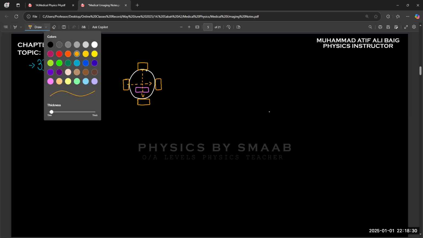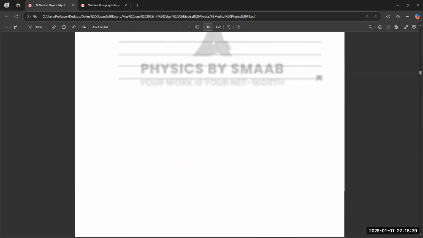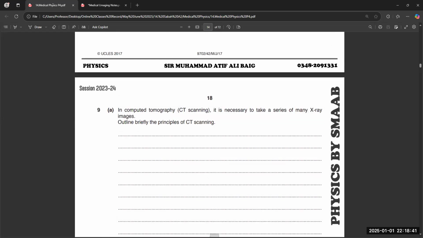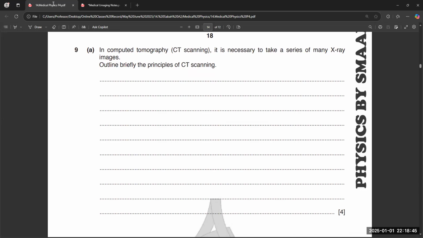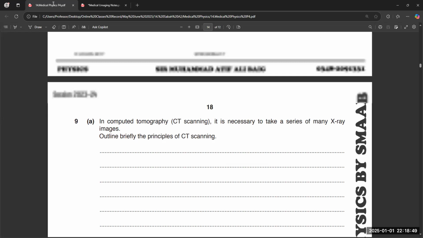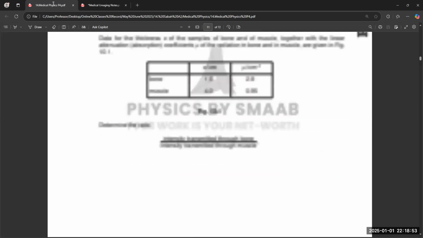Mostly in exams, questions ask about the working. This is for 4 marks: outline briefly the principles of CT scanning. In the same way, this is for ultrasound.